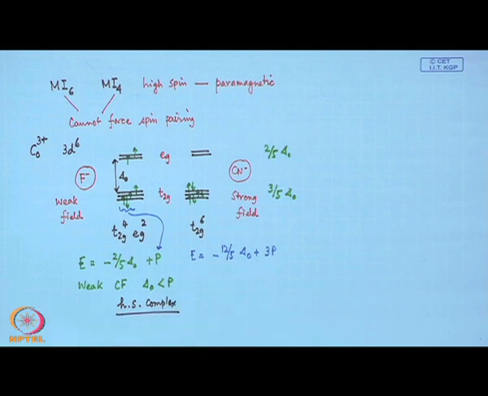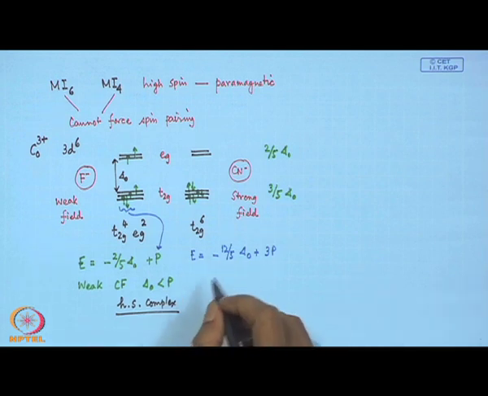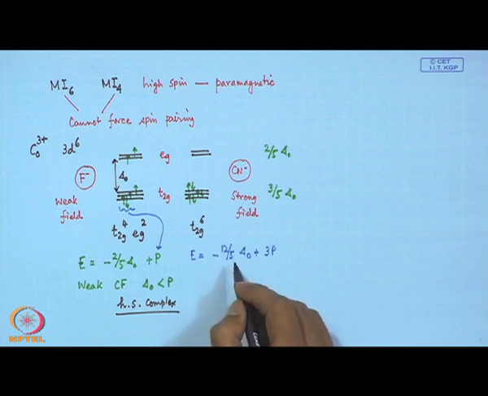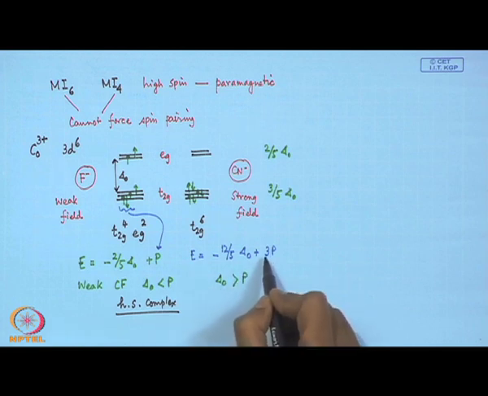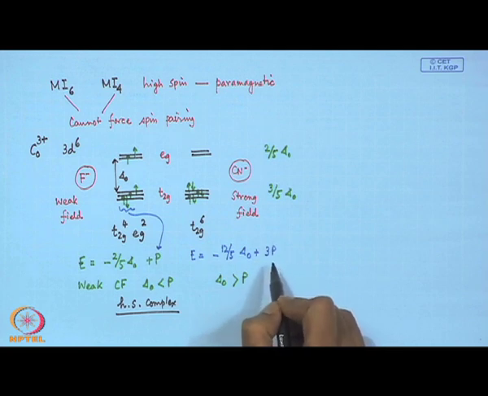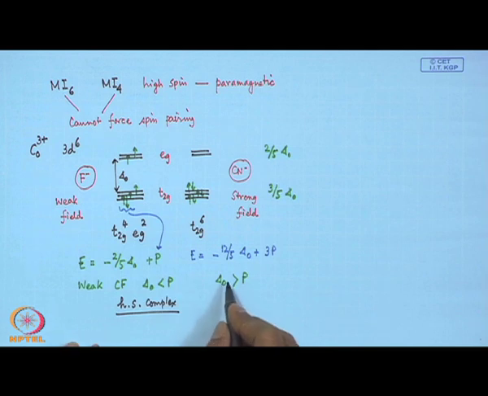So, here we develop the corresponding high spin complex. Similarly, on the right hand side we have the maximum stabilization, and here delta O is greater than P. Though we have the 3 pairing energy terms, since delta O is greater than P, we get the low spin complex.